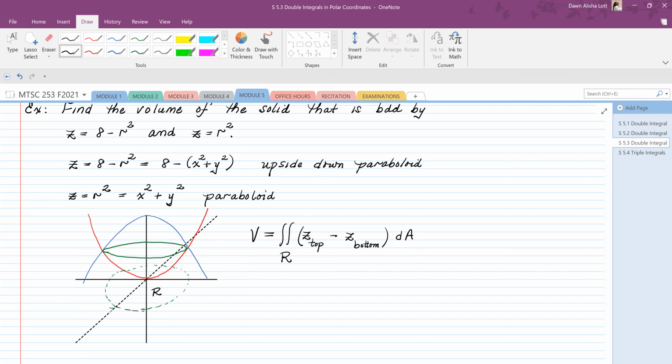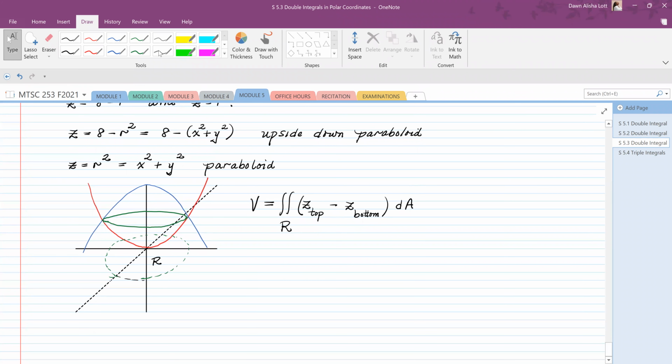Okay, the only way to find this region R is to find out where they meet. So we're going to set Z, which is r squared, equal to 8 minus r squared.